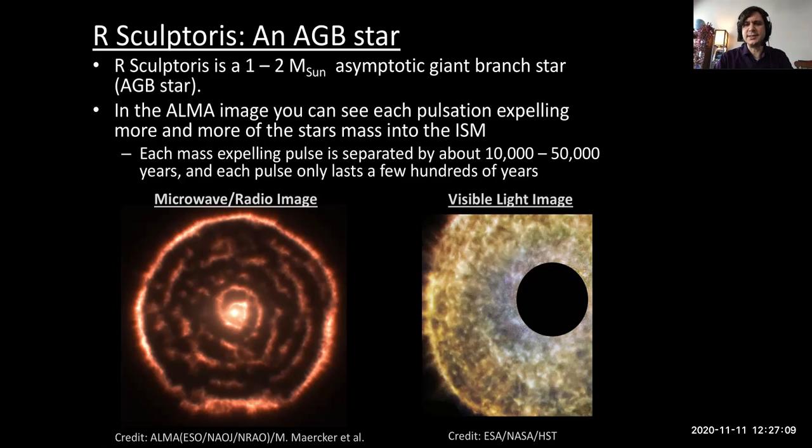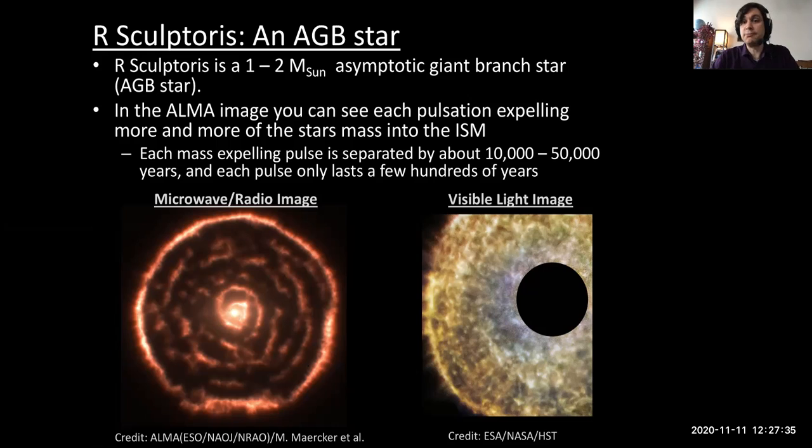What's even more amazing is if you look with high resolution radio or microwave images like the ALMA interferometer can look at, here you can see the star in the center. And here you can see all of these shells where each expansion kicked off a little bit more of the outer envelope and it contracted, and then kicked off a little bit more, kicked off a little bit more.